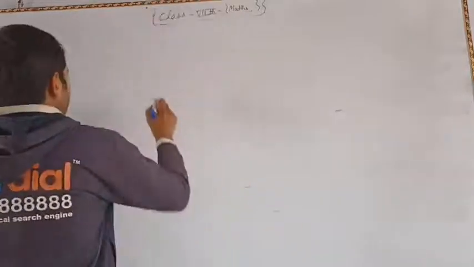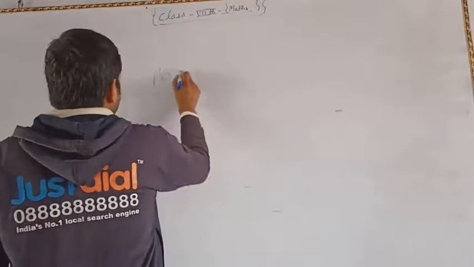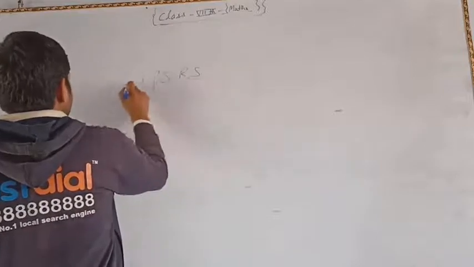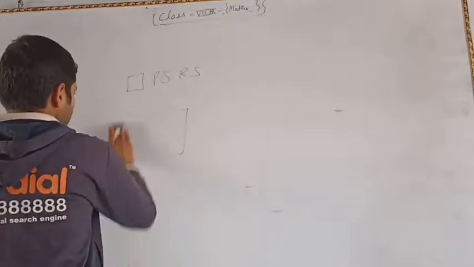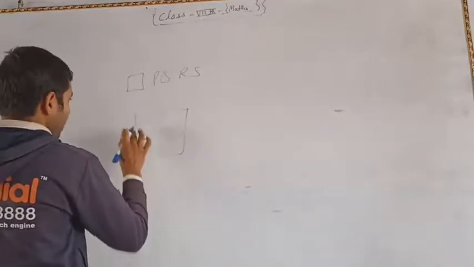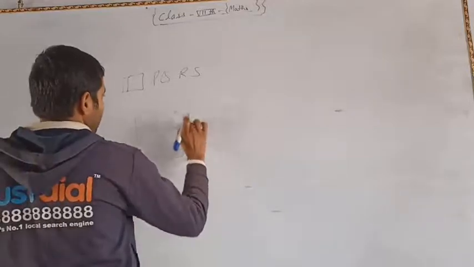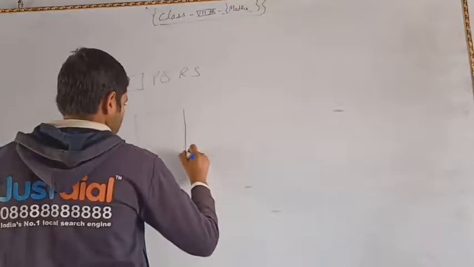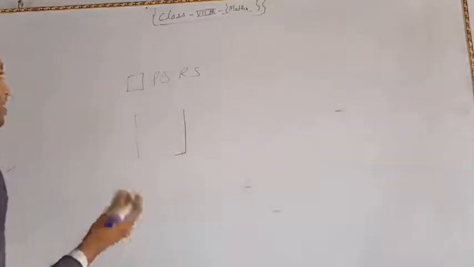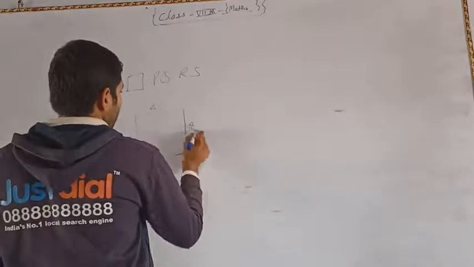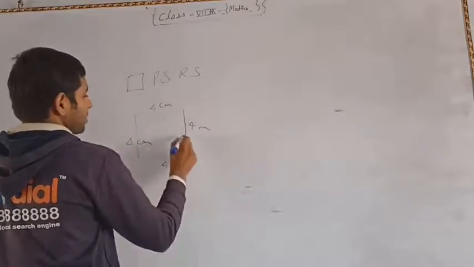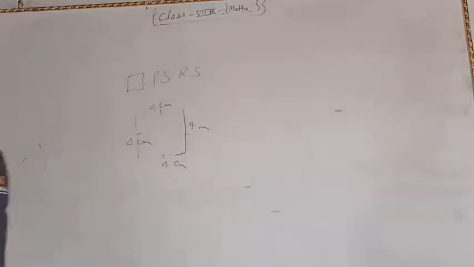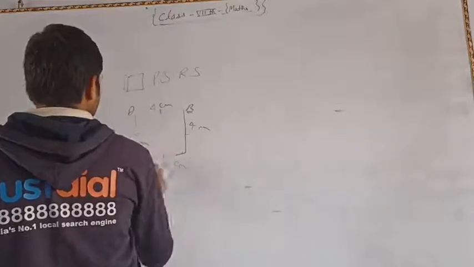Suppose you have square PQRS, and in the square all the sides are the same, 4 centimeter. So all four sides are equal in square ABCD.